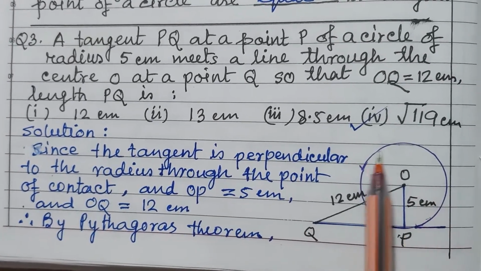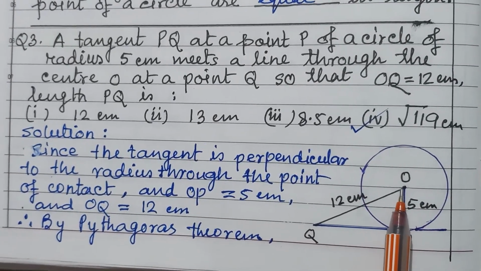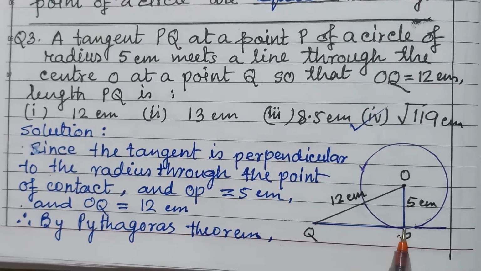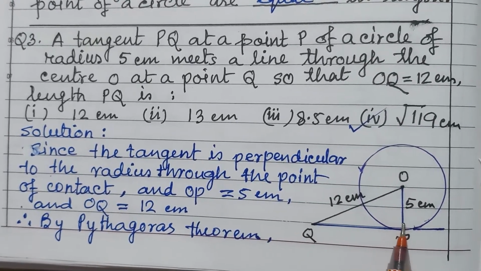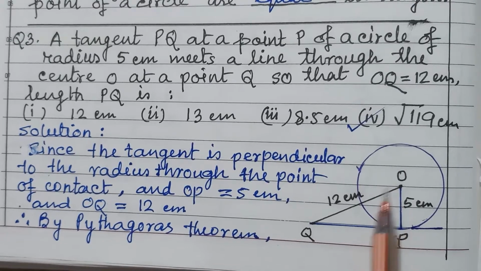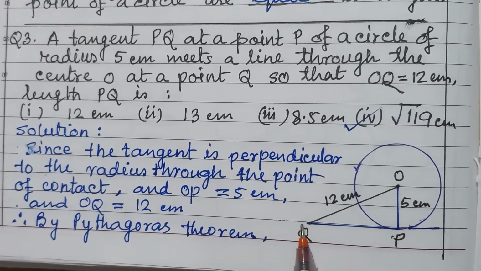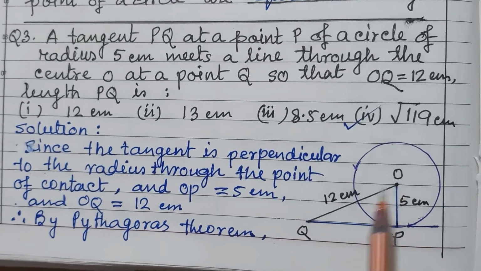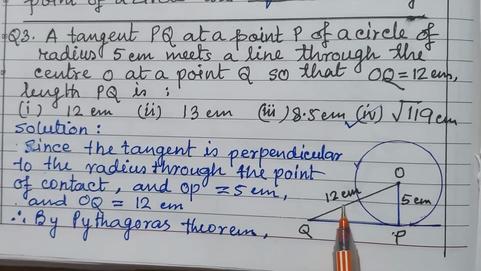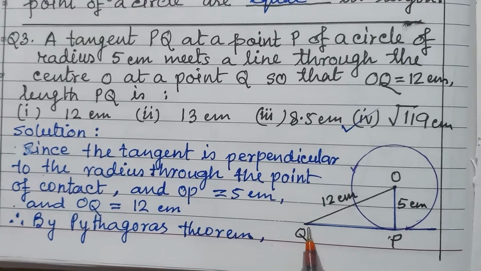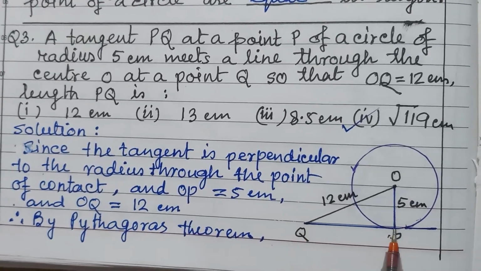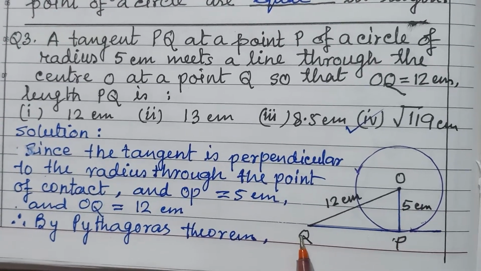This is the circle. The distance from the center to the point on the tangent is 5 cm, and the point Q on the tangent has OQ given as 12 cm. We have to find PQ.